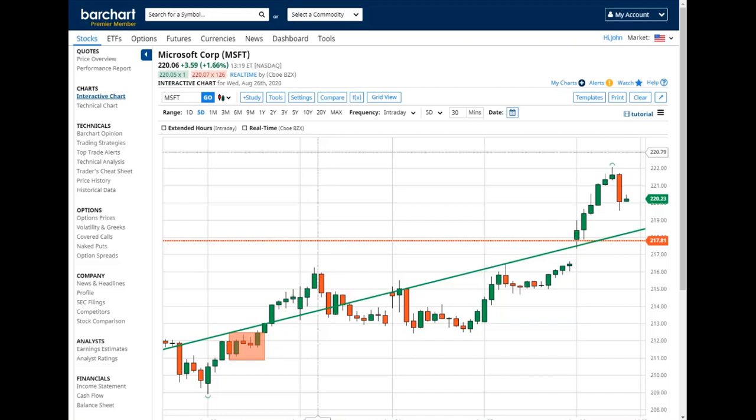So we can see little moments of momentum inside of whatever time frame I'm using. For instance, I'm in a 30-minute time frame, so each one of these candles represents 30 minutes. It's telling me the momentum of the market inside of that 30 minutes.